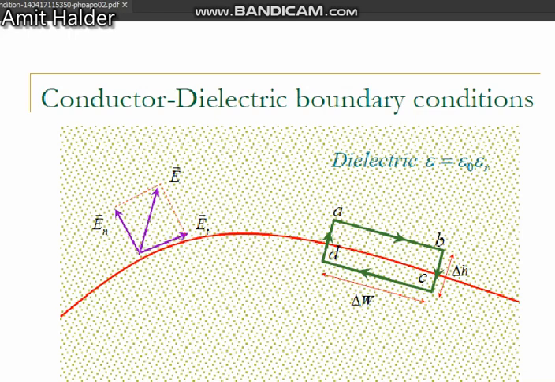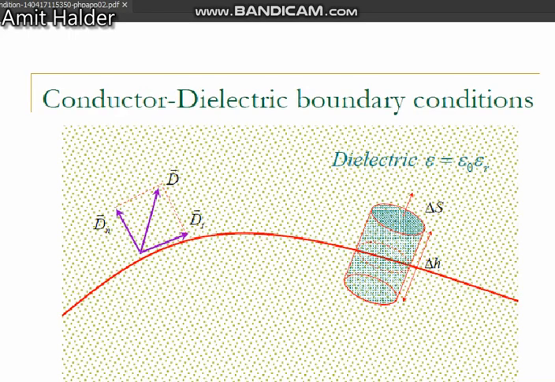So one is a dielectric, the other is the conductor. Now the conductor dielectric boundary condition.